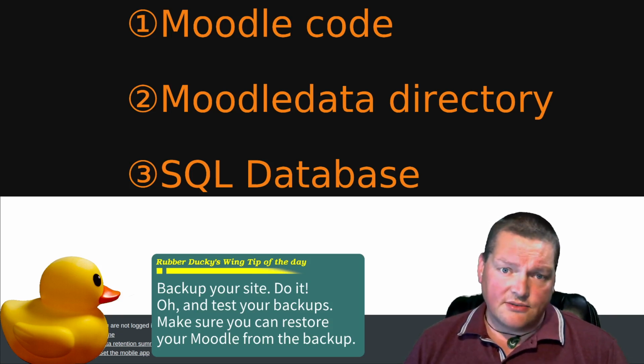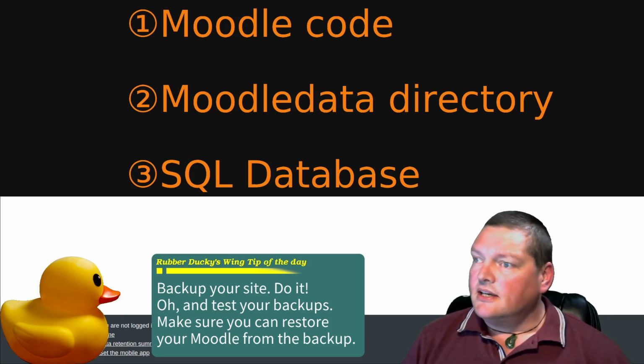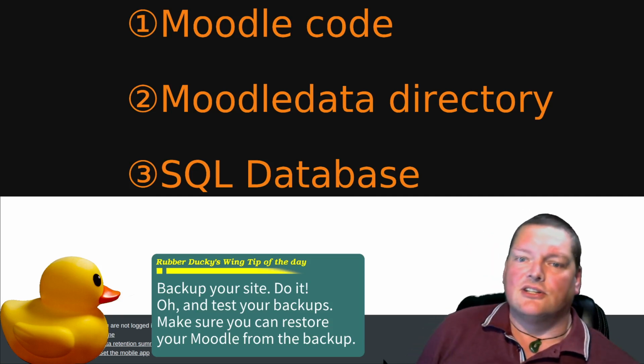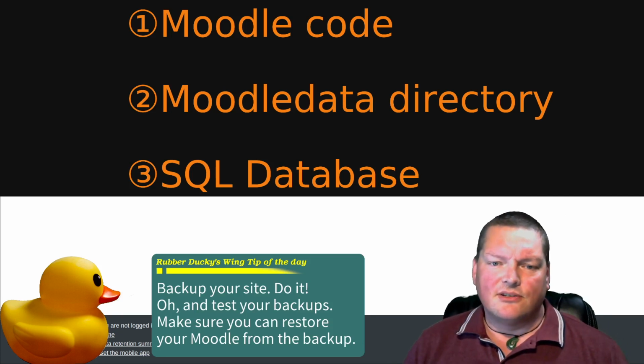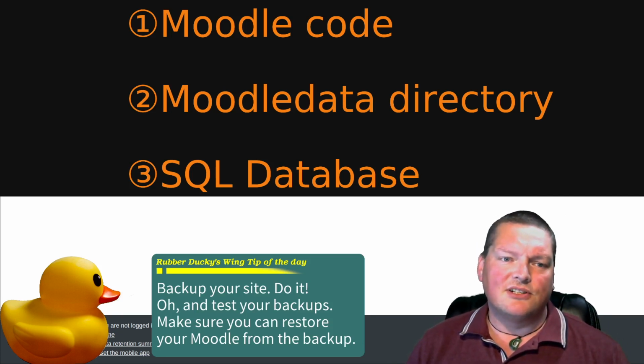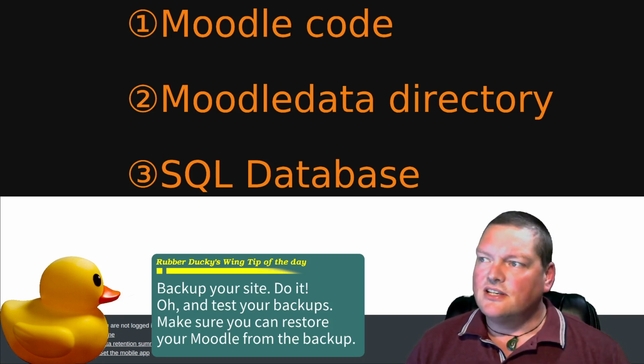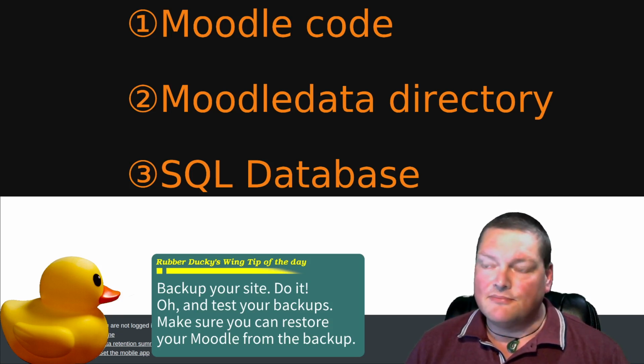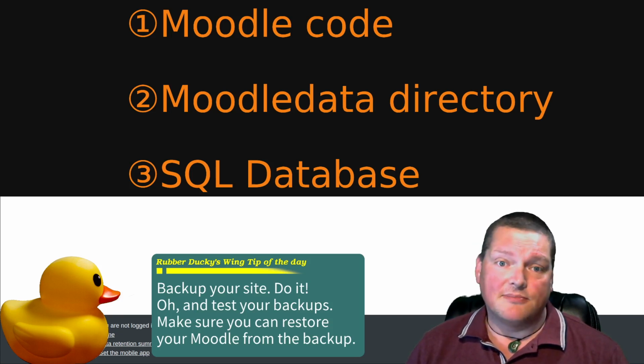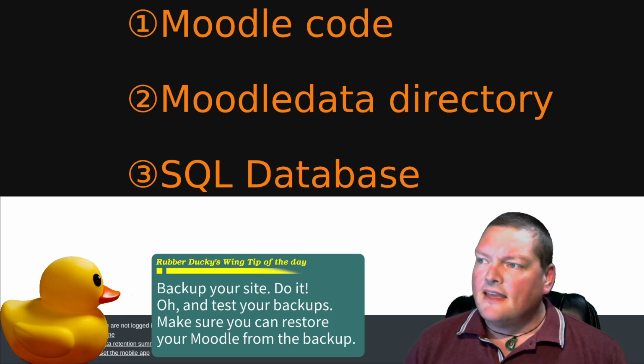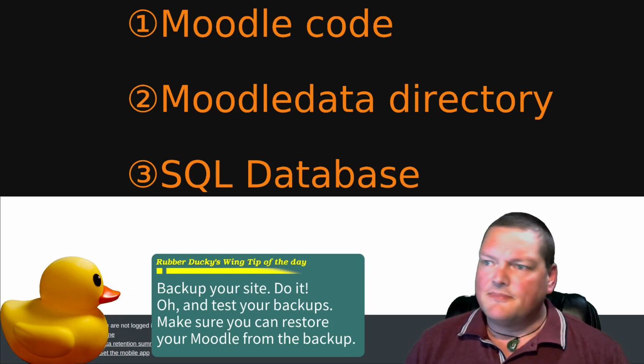The Moodle data directory, which is where all the user data and the more unique stuff to your site actually gets stored. And the last one is the SQL database. Now, they're listed here 1, 2, 3, but actually the SQL database is probably the most important because it's the most irreplaceable component. If you don't have SQL database backups, you're asking for trouble.